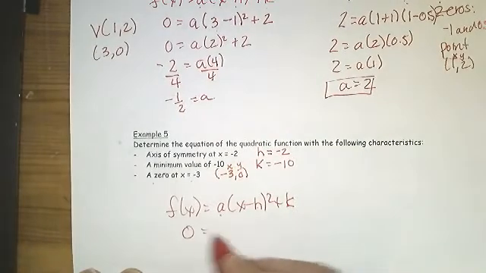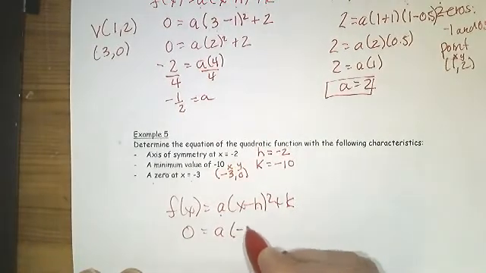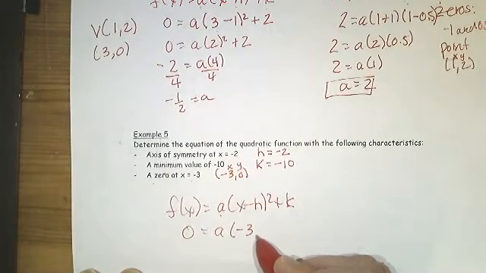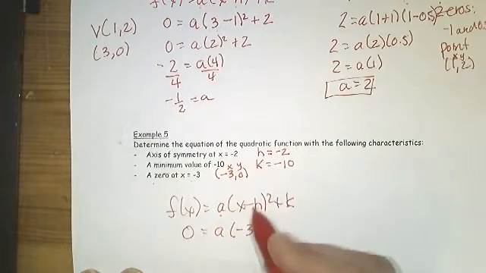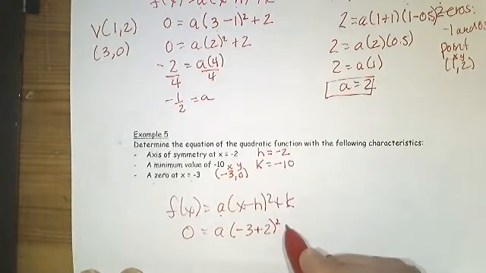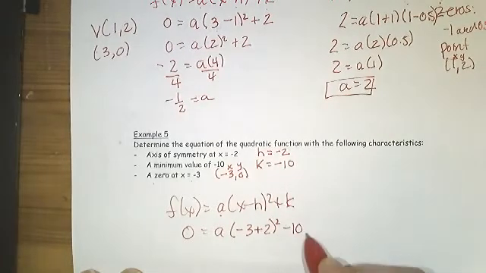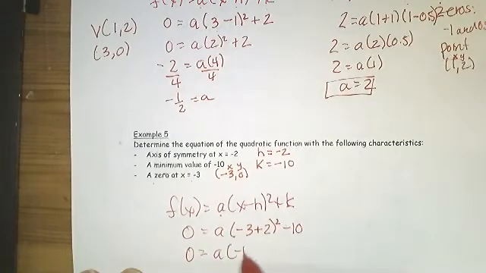So I have 0 is equal to a, my x value is -3, my h value is -2, but that will make it a positive when we put that into the bracket. And then we have -10. Simplifying that, once again, just follow your BEDMAS rules to simplify.